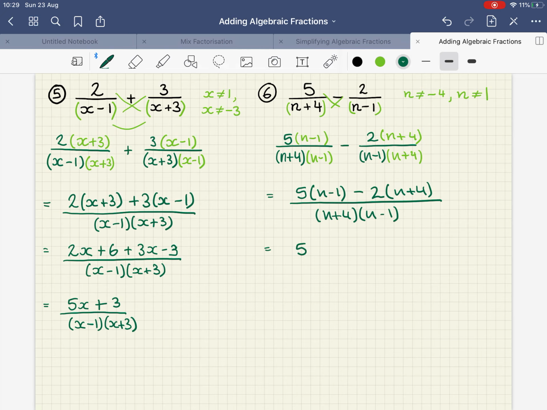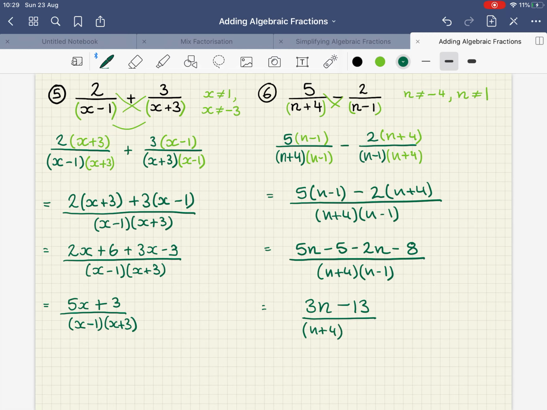Expanding the top part, I've now got 5n minus 5 take away 2n take away 8 all over (n plus 4)(n minus 1). And then just neating it up, I'm going to be left with 3n take away 13 all over (n plus 4)(n minus 1).